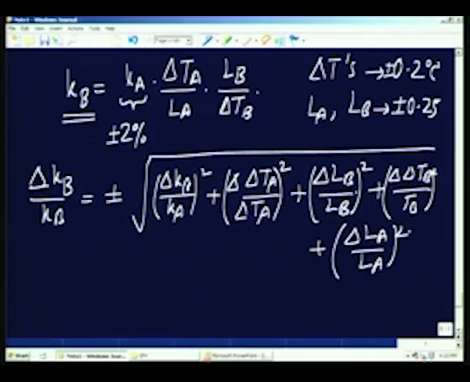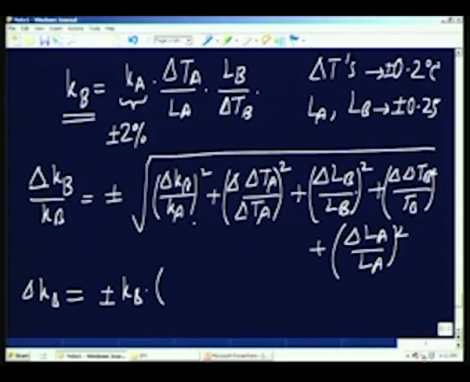Due to the error in all the quantities, I will not substitute all the values yet. I will just say that delta Kb by Kb, or delta Kb, equal to plus or minus Kb into this whole thing.